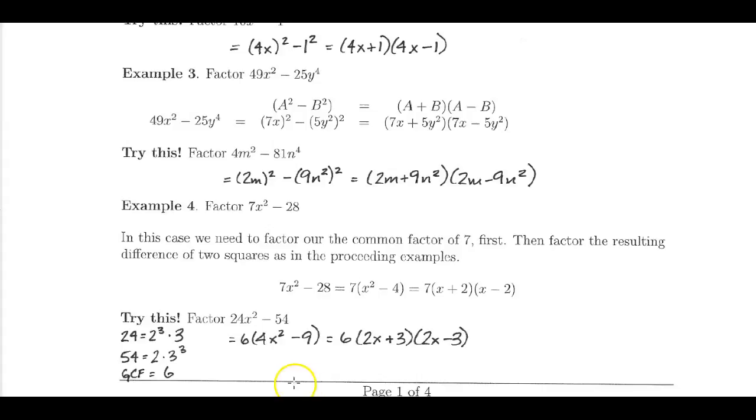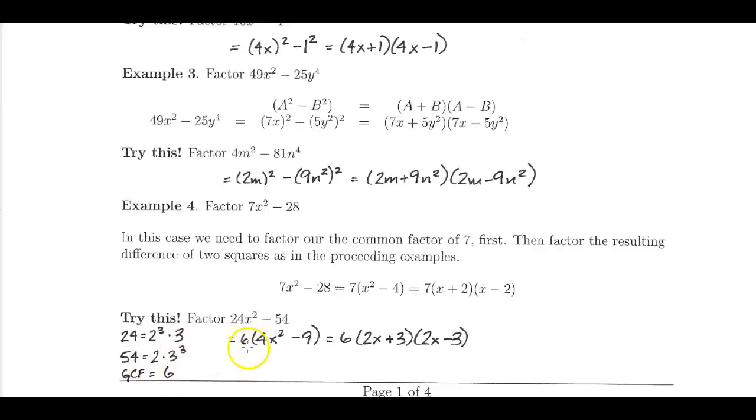Okay, we're back. On the side here, I know that there could be a common factor. Both 24 and 54 are even. So what I did was some side work. I looked at the prime factorizations of 24 and 54, and I see that we have a common factor of 2 and a common factor of 3. So 2 times 3 is 6.